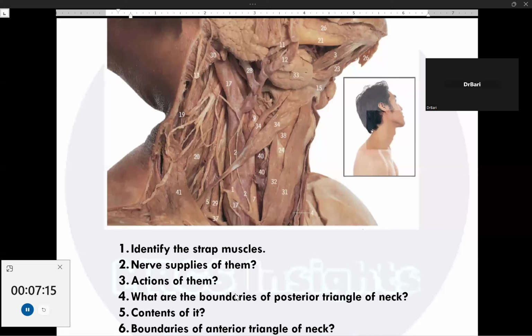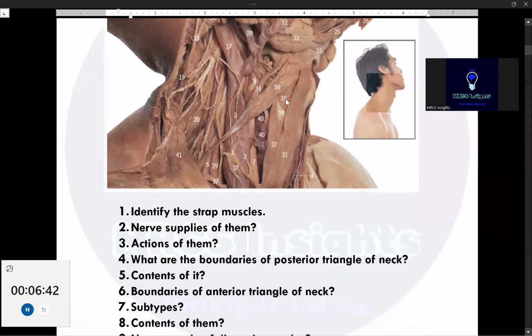By this way, it helps in swallowing. It helps in swallowing, but basically the infrahyoid muscles just cause downward movement of the hyoid bone. Mouth opening is done by a different type of muscle.